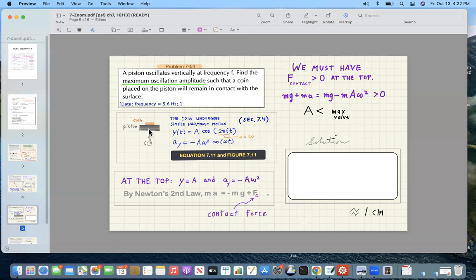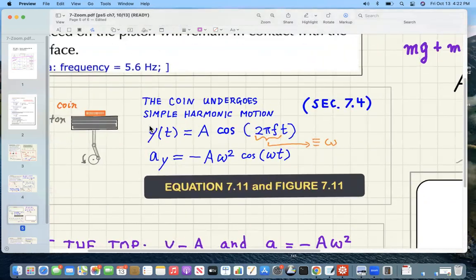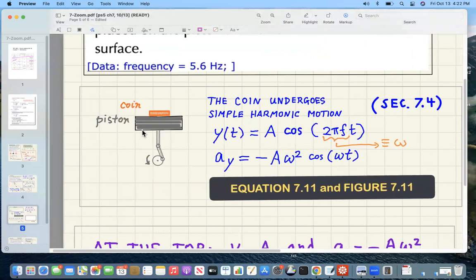There's a piston which is oscillating up and down harmonically. You could arrange that like this shows. It's attached to a rotating, say, a disc with some kind of design, so that as the disc rotates, the piston goes up and down.